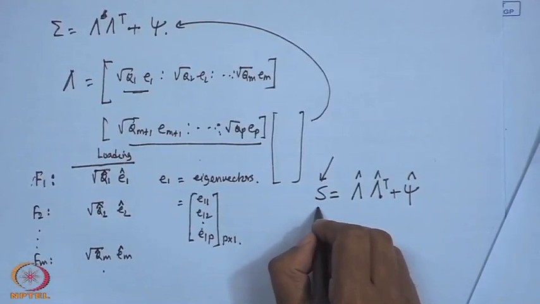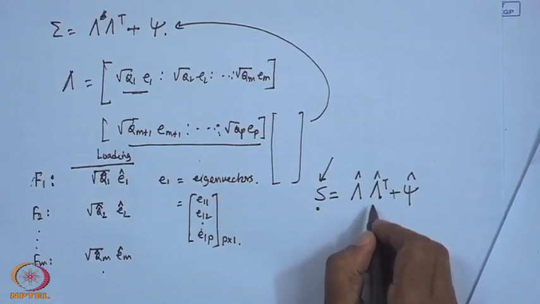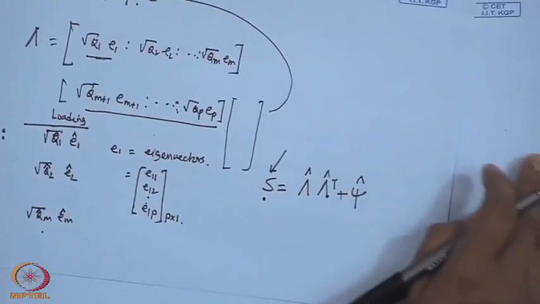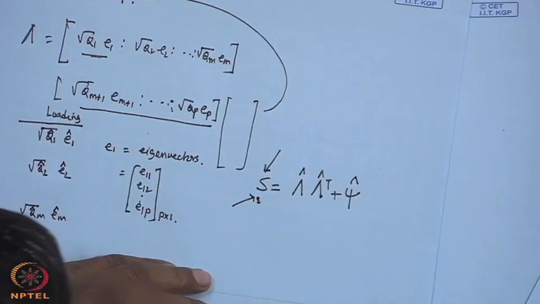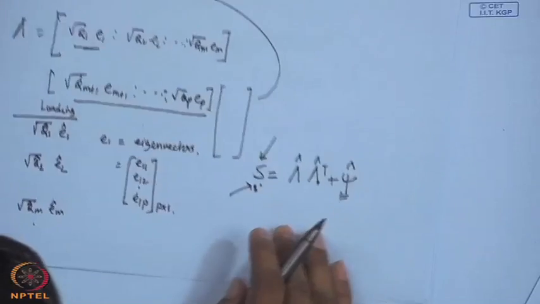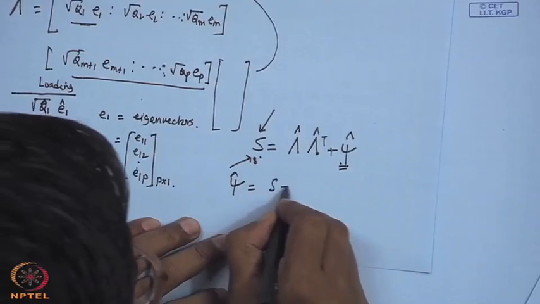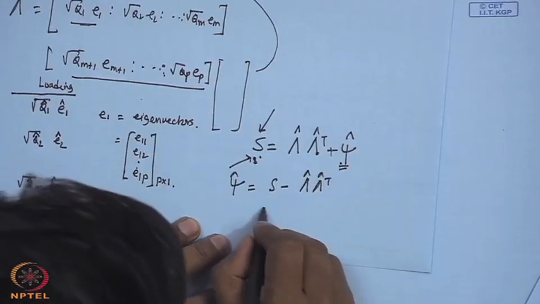Fine. So using S, you will estimate this lambda, and that is through spectral decomposition of this S matrix. You will do the spectral decomposition of the S matrix, and then how do we get the psi? Psi you will get equal to S minus lambda cap, lambda cap transpose.